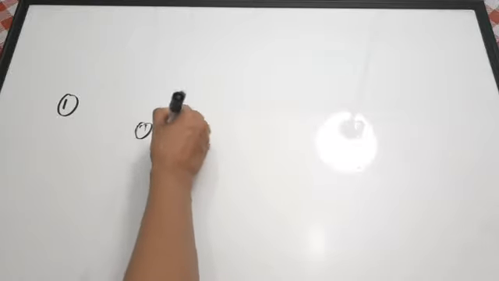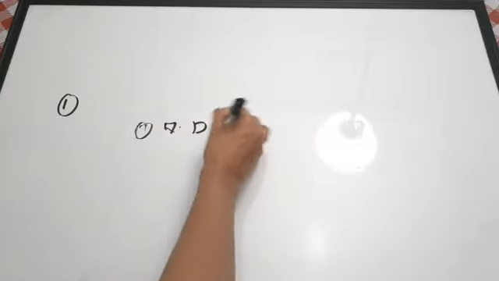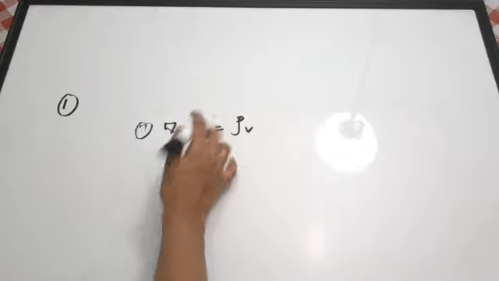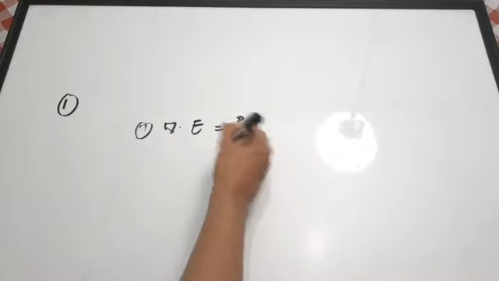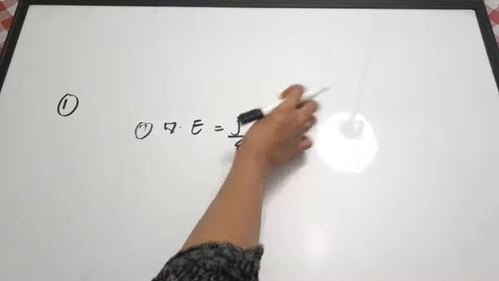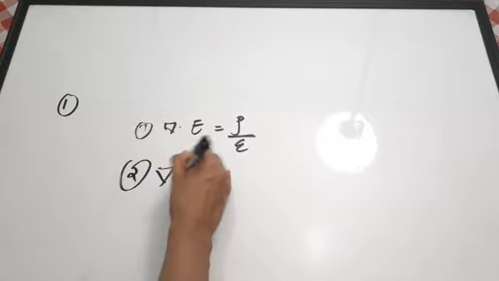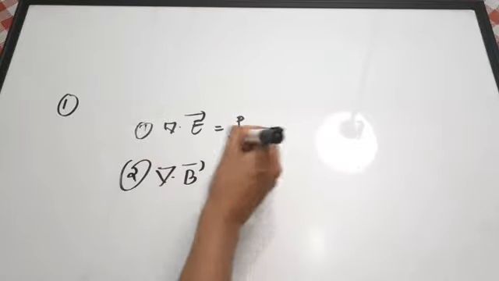The first equation is del dot D equal to rho V, or you can write it as del dot E equal to rho V by epsilon, or rho by epsilon. Okay, second equation will be del dot B equal to 0.